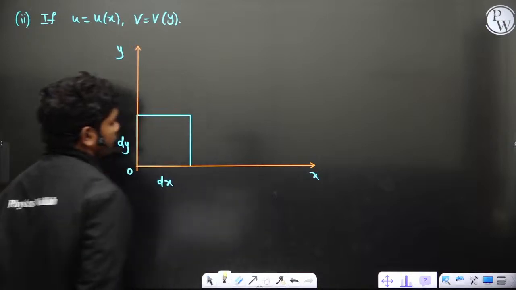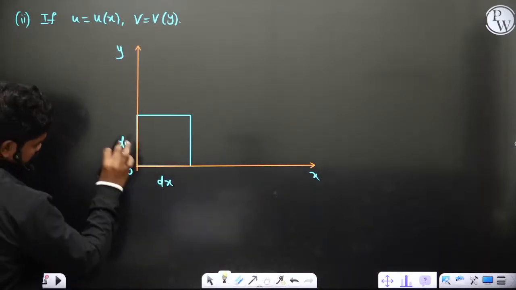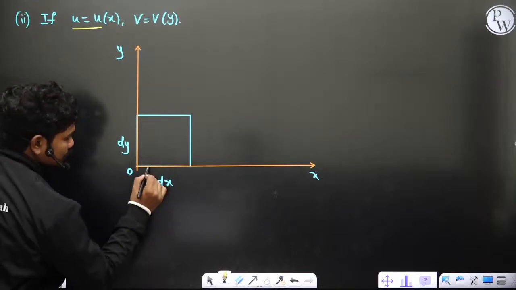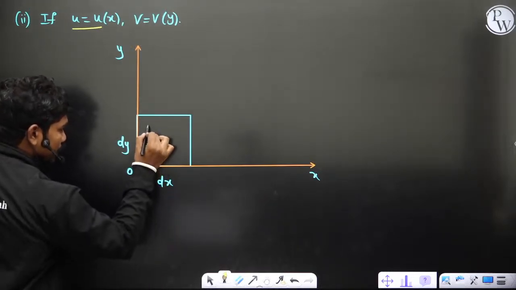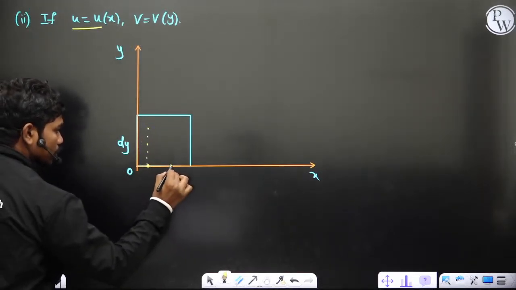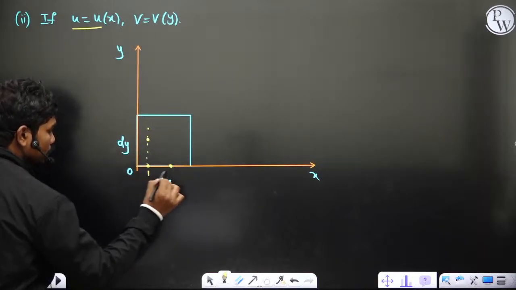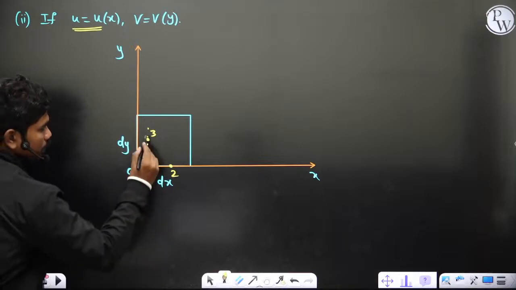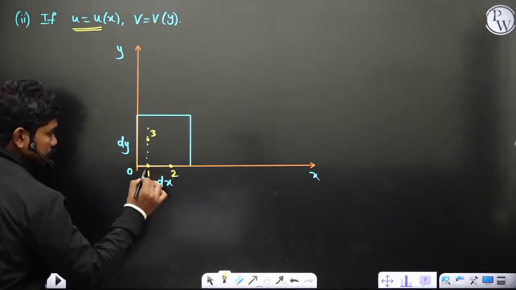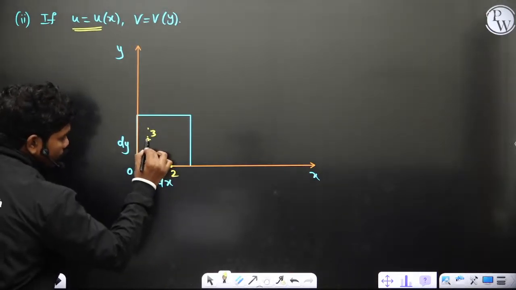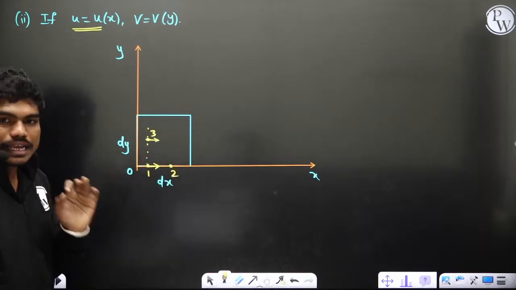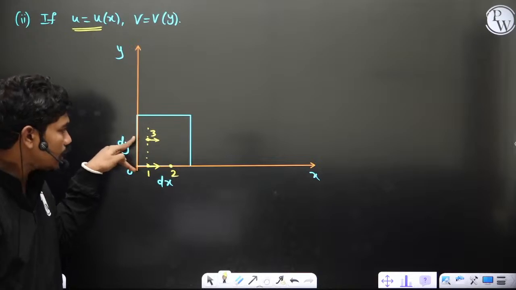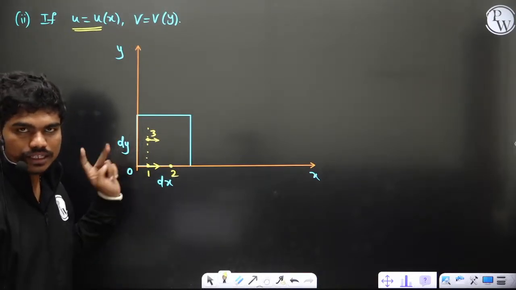Now try to understand this. If this is dx and this is dy, whenever u is changing with respect to x, can anyone tell me, if I take 3 particles totally, 1, 2 and 3 here, if u is changing with respect to x, and you take the x component of velocities of particles 1 and 3, is there any variation or will they be the same?